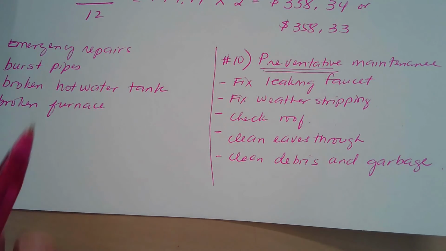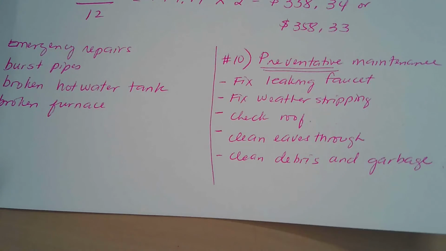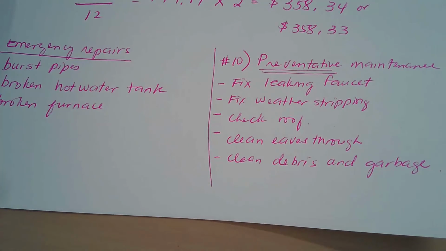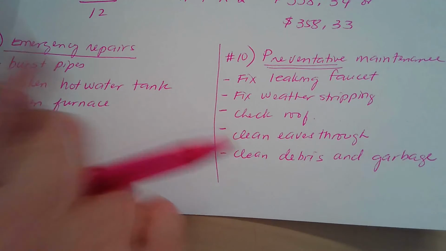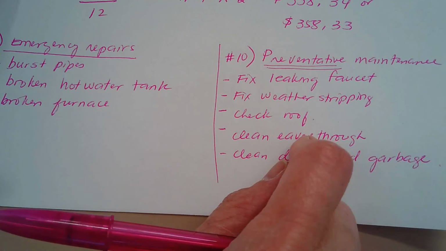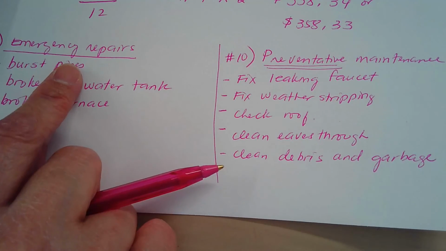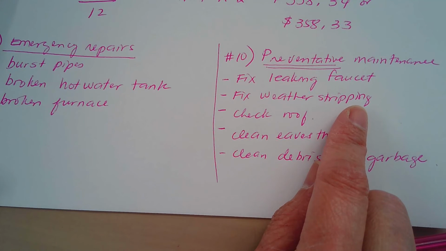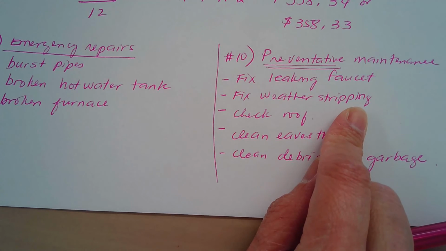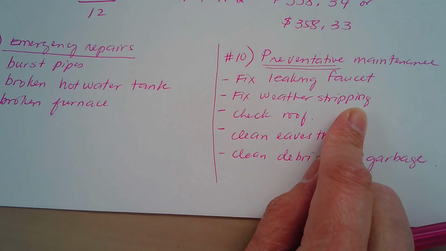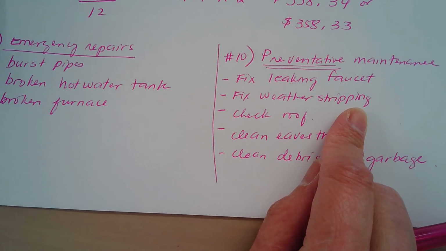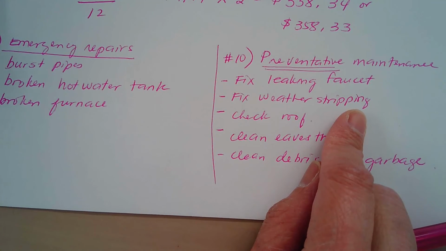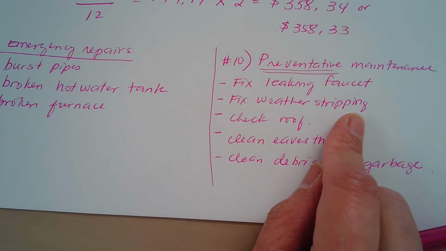There's a bit more on lesson 8, so take a look at lesson 8 for both emergency and preventative. So what's the difference between emergency and preventative? Emergency has to be fixed now. Preventative talks about the future: daily, regular things that need to be done now so that it doesn't get bigger or more serious later on.